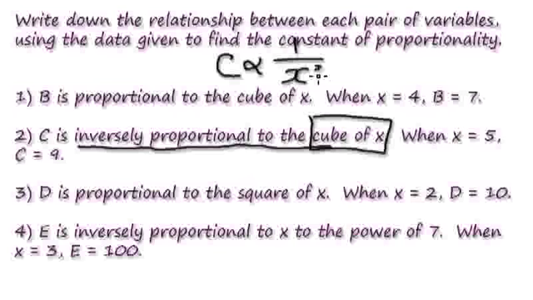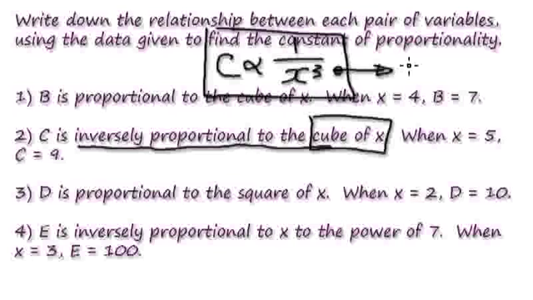So it will be this, the cube of x. Now once you've got this, you can jump to this equation. C should be c equals a certain constant k over x to the power of 3.